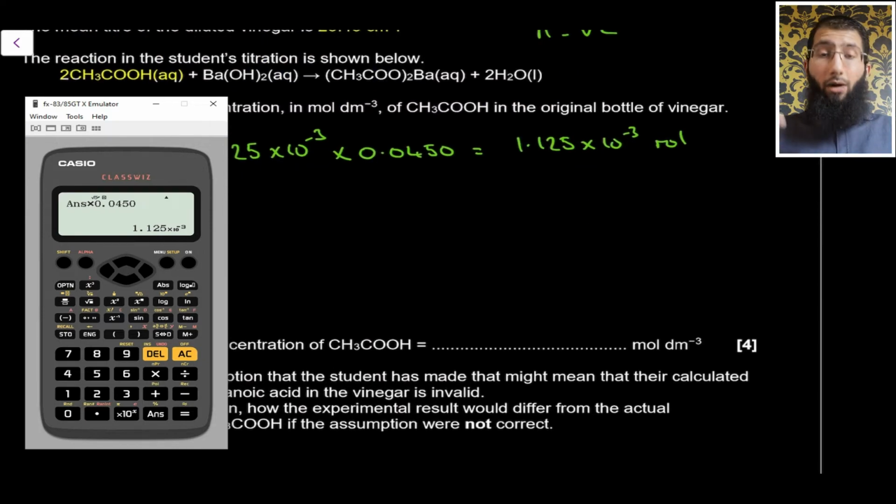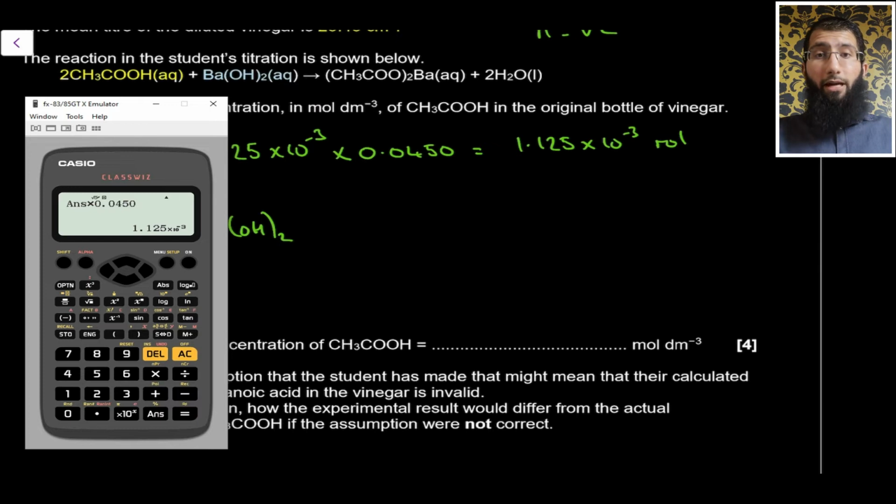How does that help us work out the concentration of ethanoic acid in the original vinegar? Well, I've been given the equation. If I know the moles of barium hydroxide, I can work out the moles of ethanoic acid that it reacted with, according to the balanced equation. We're told that there is a ratio of 2 to 1 of ethanoic acid, CH3COOH, to barium hydroxide.